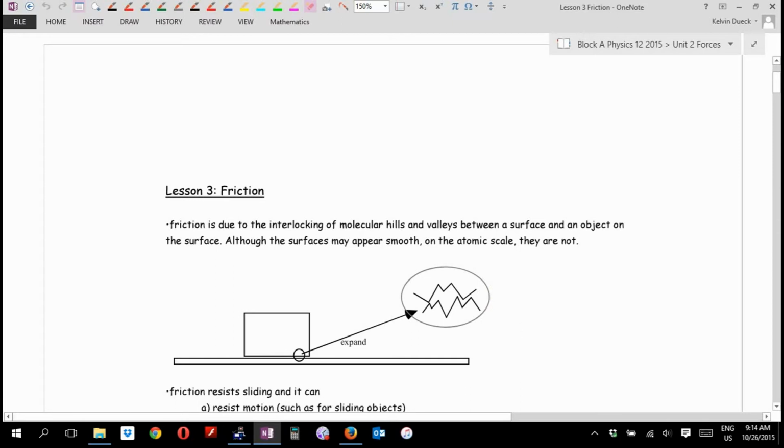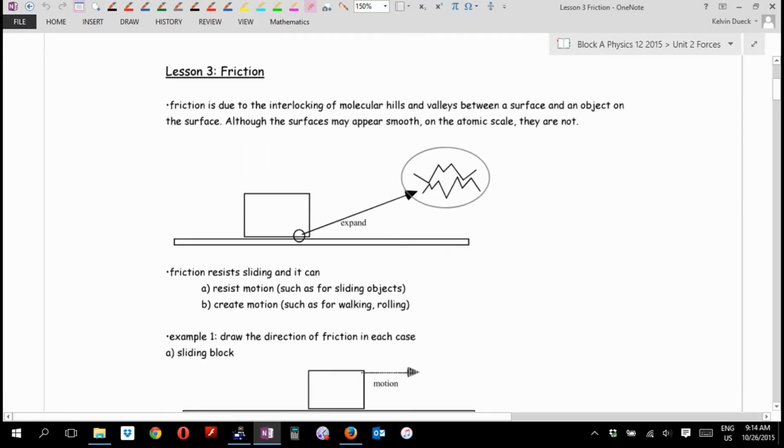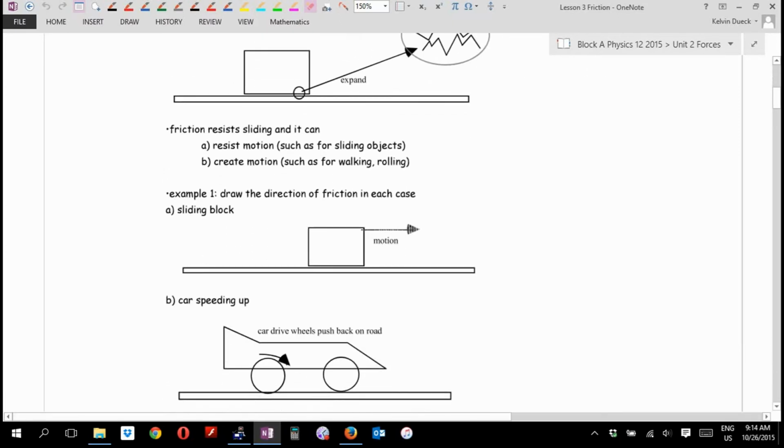The bumpier it is, the bigger the force of friction will be. Friction resists sliding. As such, it can resist motion, like when you're trying to slide something. It can also create motion, such as for walking or rolling.